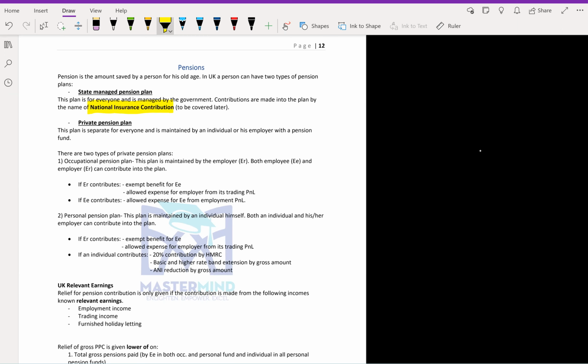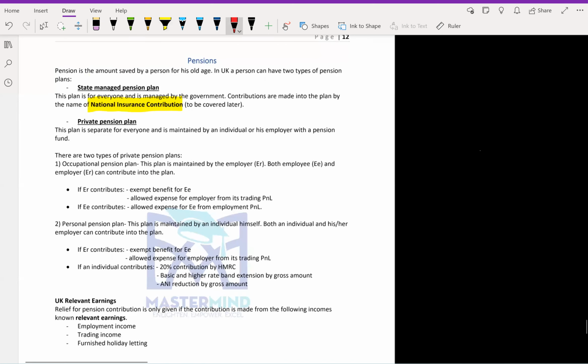Okay, what we are looking at right now is a private pension contribution. Private pension contribution is a fund. Basically, it's a pension fund which is not managed by the government. It's managed by the private funds, private entities.